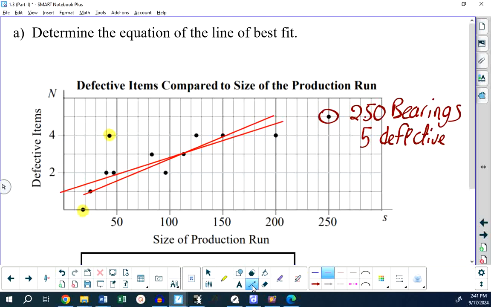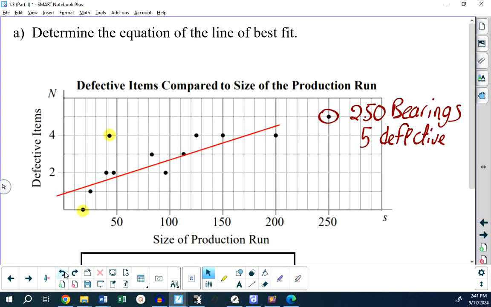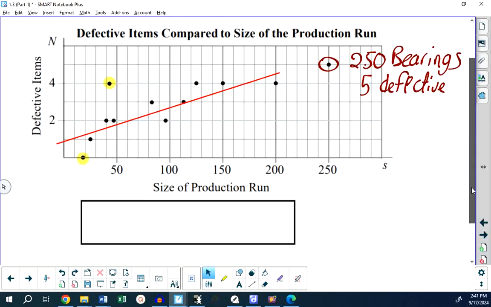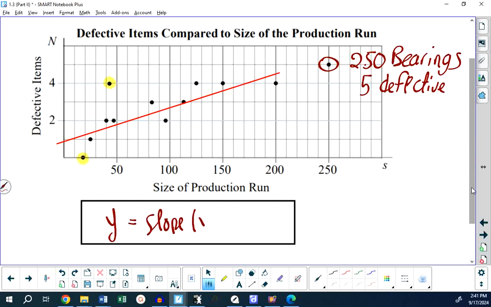All right? So we want to determine the equation of that. Is this, Vanessa, partial or direct? It's partial. And the equation for partial variation is y equals the slope times x plus the y-intercept. And this is a very difficult thing for me to teach because you all have lines drawn, right? And they're probably all different than mine.